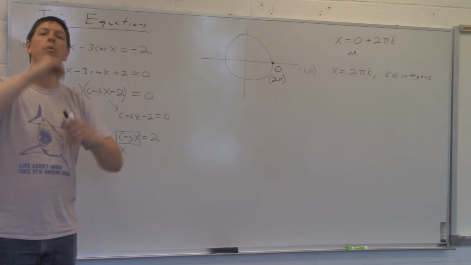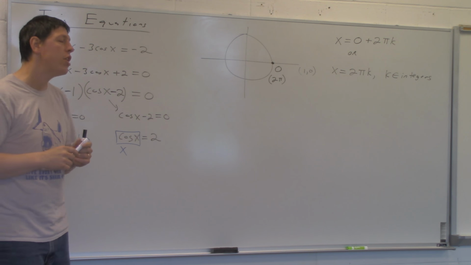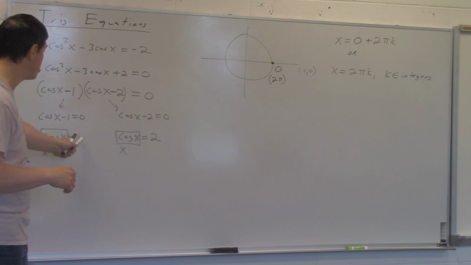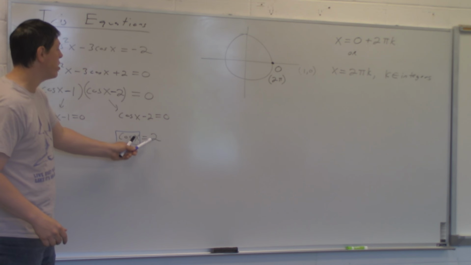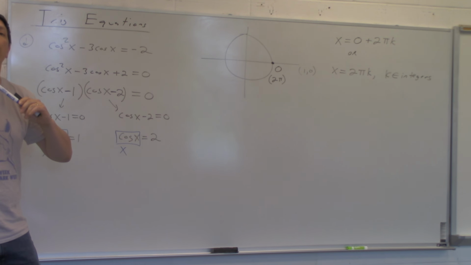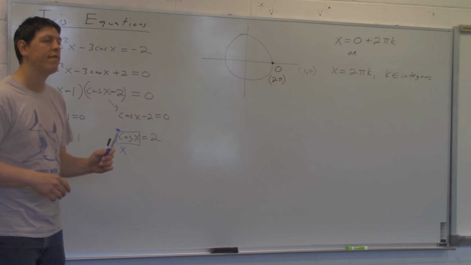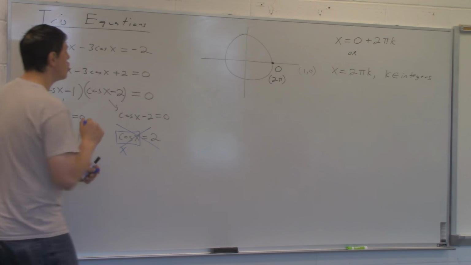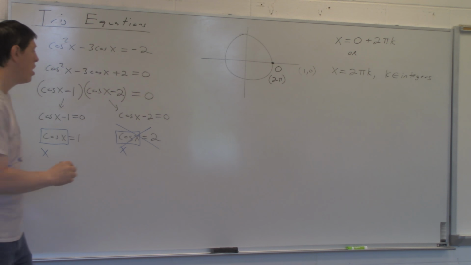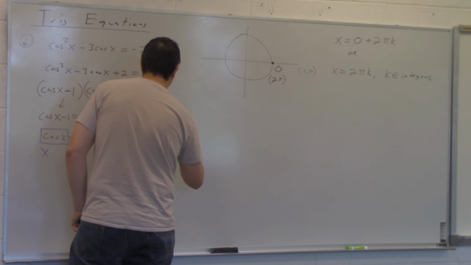There's a highest and lowest point on the cosine curve. The highest point is 1, the lowest point is negative 1. What happens is that 2 is not part of the range, or in other words, there's no real value where the cosine function is 2. So this does not contribute towards the solution. 2 is outside of the range.